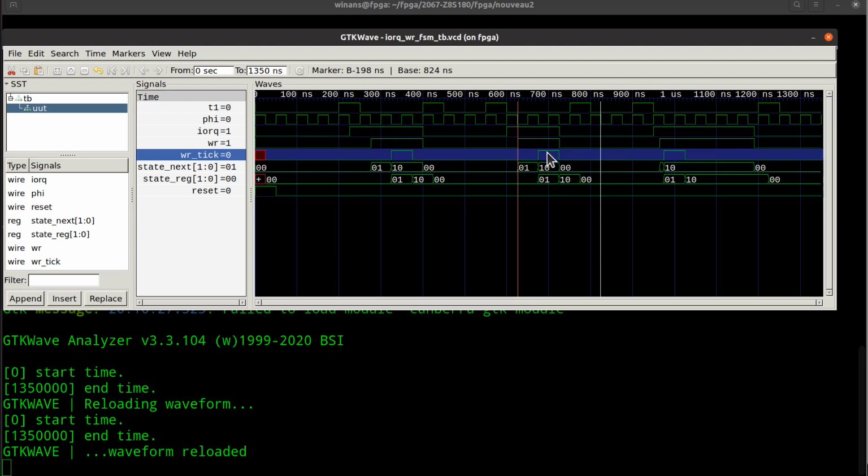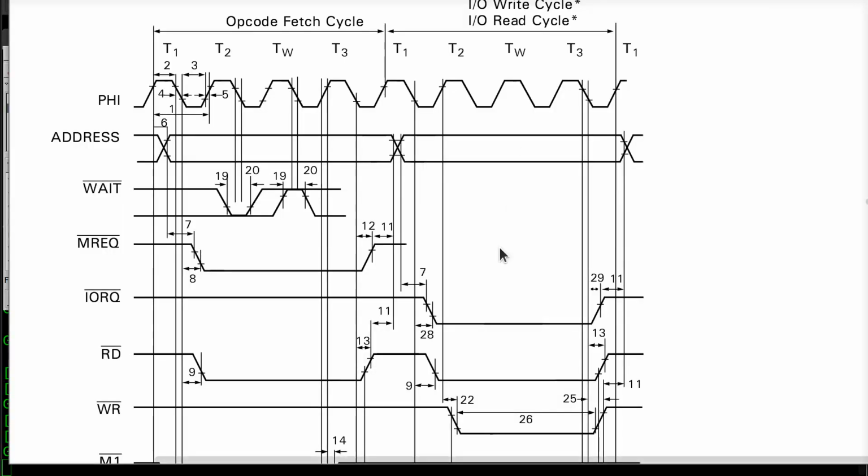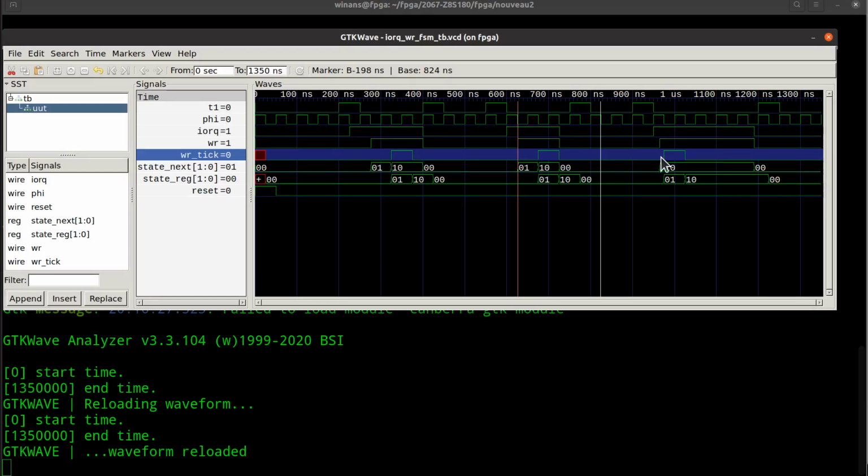So as long as it's less than 25 nanos, and it says, yeah, the worst case is 25 nano, but it's not going to ever take that long. It'll be high, or rather, the write signal will be active before the falling edge of T2, which is what we want it to do, and which it is doing in this scenario, but it's doing it a little bit later in these other two, okay? So that's the write one.